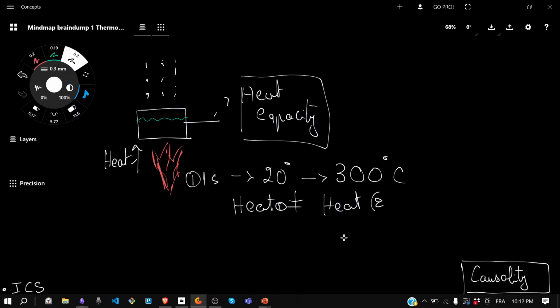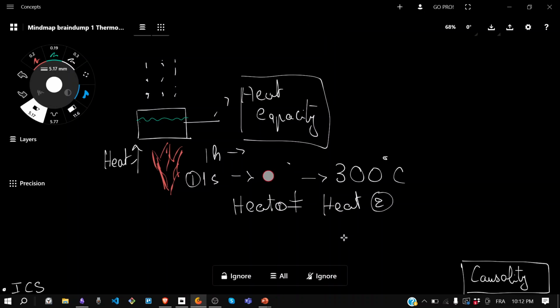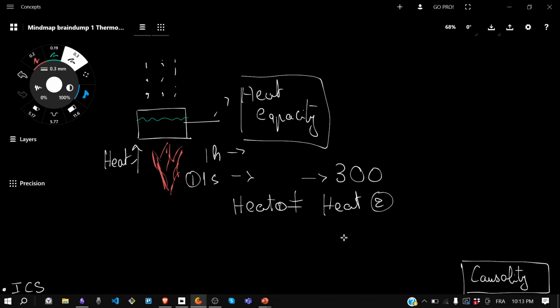Now what's heat 2? Heat 2 would be like, let's say it takes 1 hour to move from 20 degrees. Of course, we're looking at Celsius here, but technically, it would be even better to have kelvins. This would be a good introduction within temperature to say that kelvins are the standard. Let's say 400 Kelvin, 500, and say 500 Kelvin here.